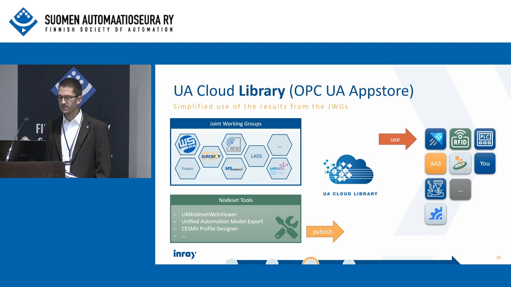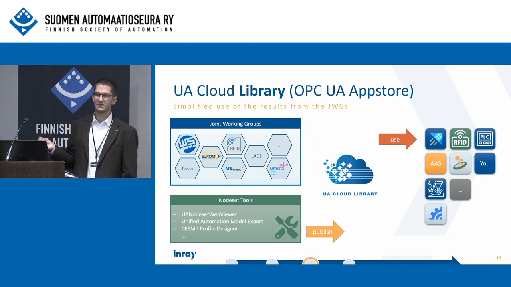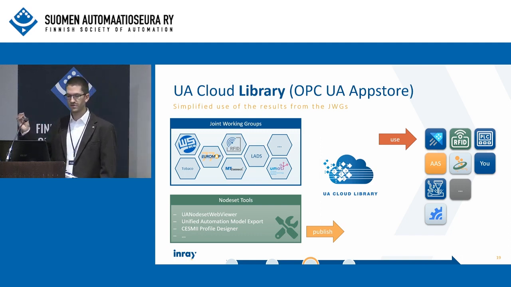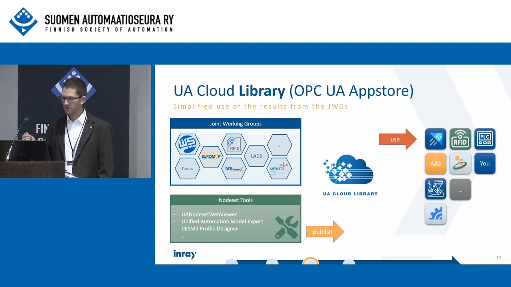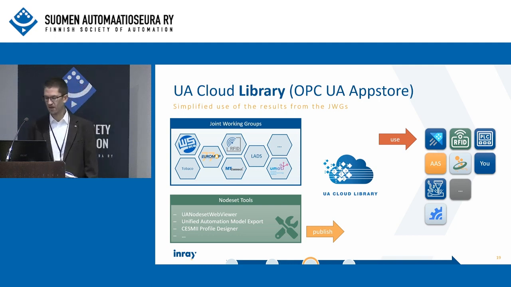It gives machine-readable access to the data models stored in the UA Cloud Library, which provides the capability to link data fragments to a specific entity in a data model stored in the cloud library. Via the GraphQL interface, it is possible to browse into the data models. It is possible to search for data models and much more.